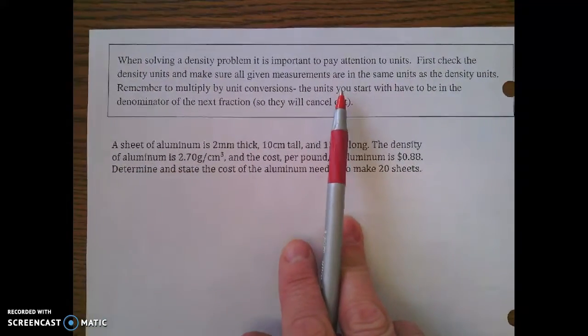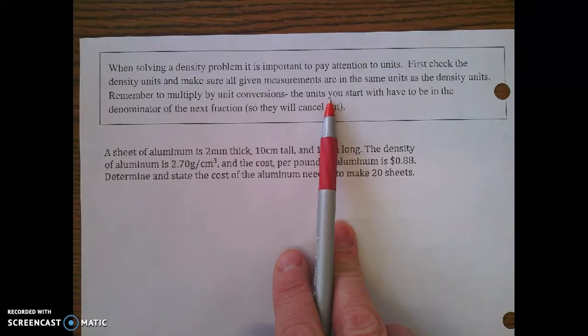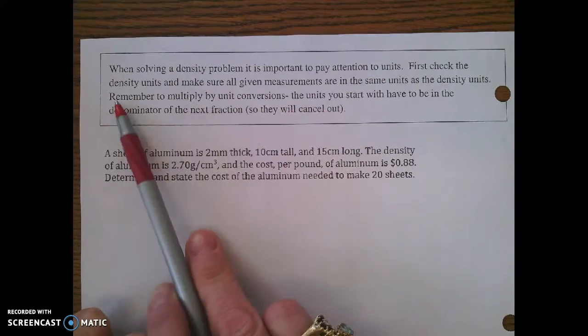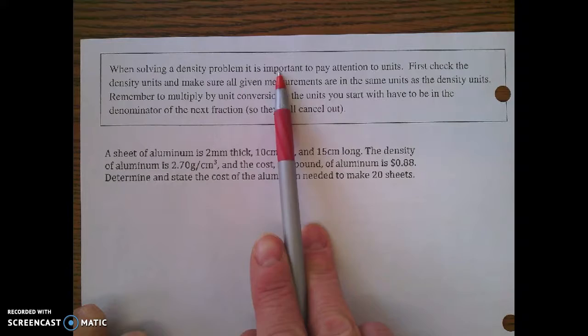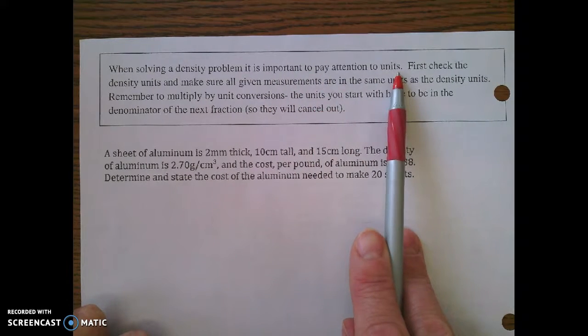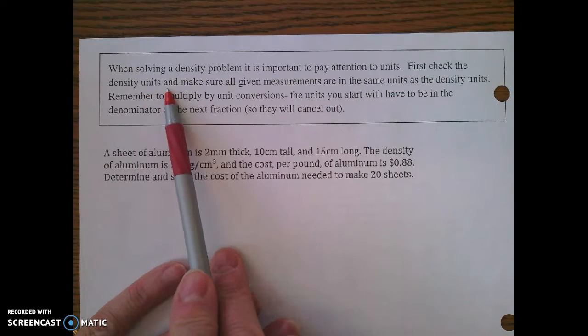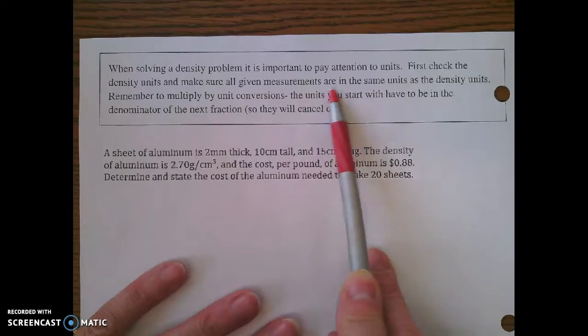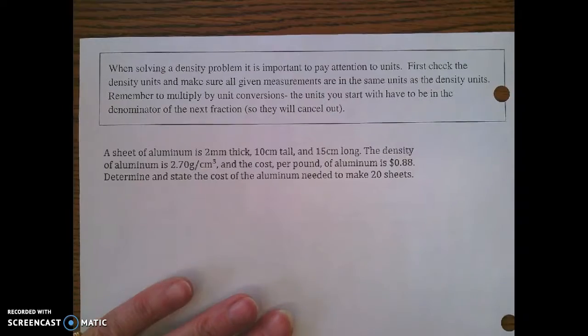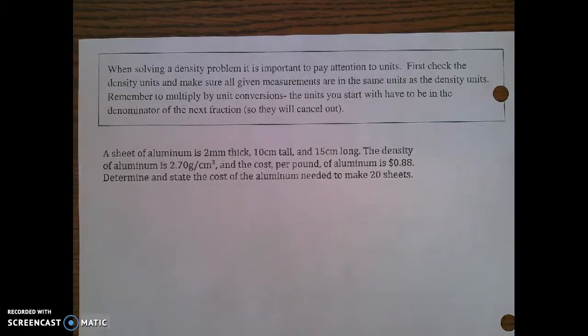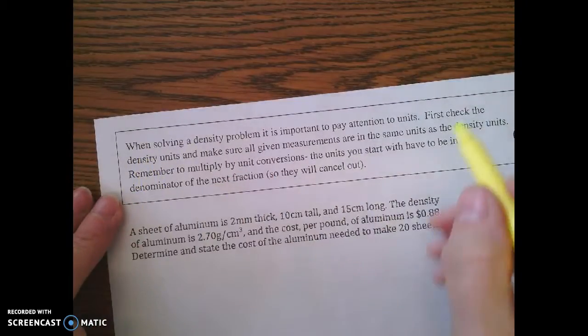I've been trying to train you throughout this chapter to look at the units of measurement. So when solving a density problem, it is important to pay attention to units. First, check the density units and make sure all given measurements are in the same units as the density units. This is super important.